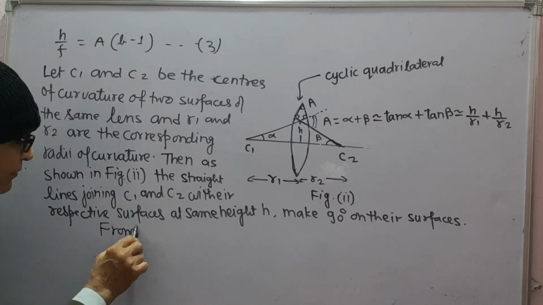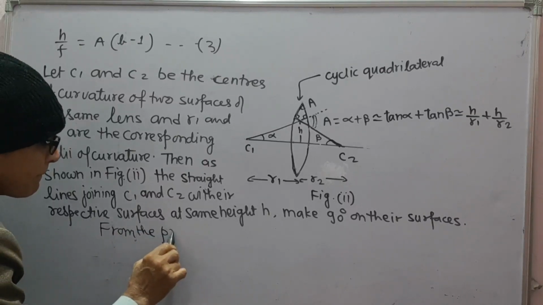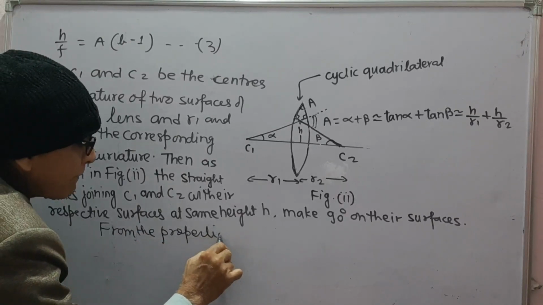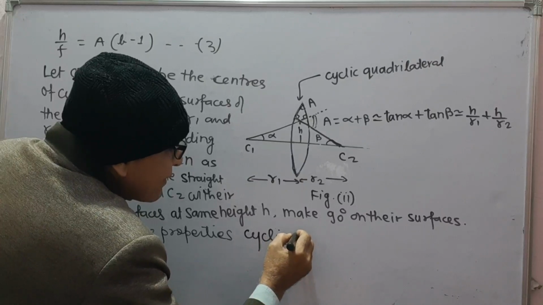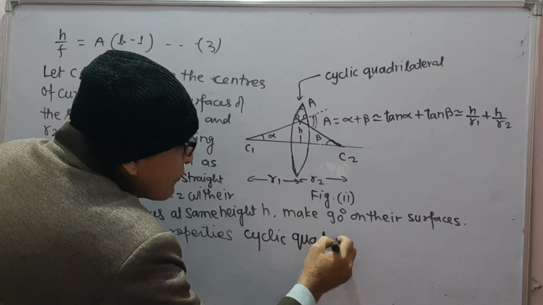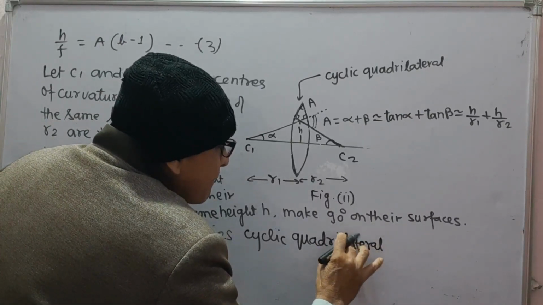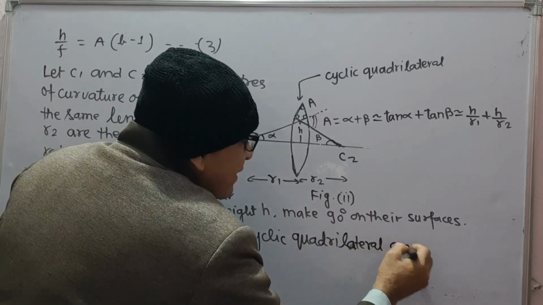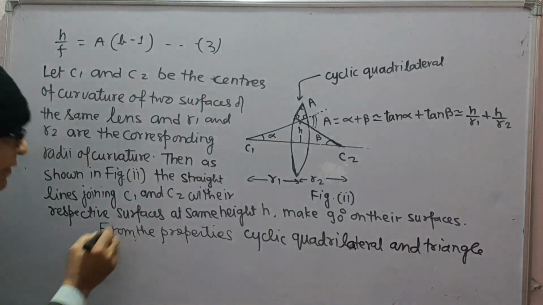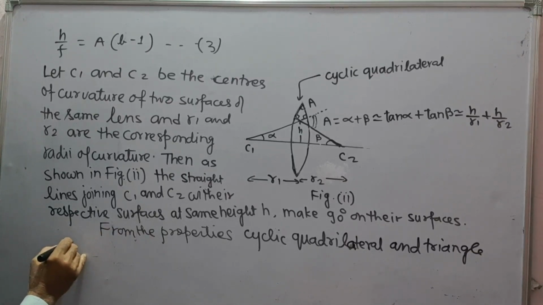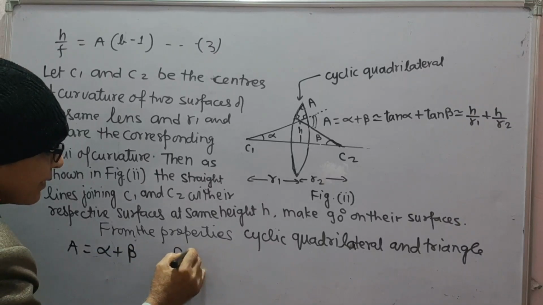So, from the properties of cyclic quadrilateral and triangle, A will be equal to alpha plus beta in figure 2.